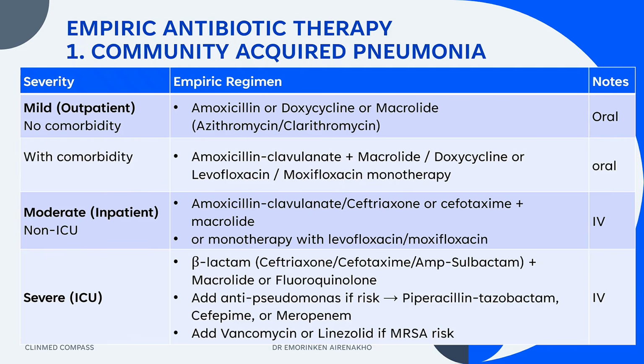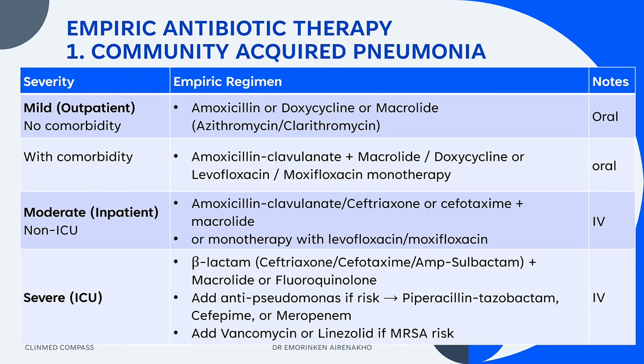For mild cases with comorbidities like COPD, heart failure, CKD, we give beta-lactam like amoxicillin clavulanate plus macrolide or doxycycline. Alternatively, patients can be placed on monotherapy with respiratory fluoroquinolone like levofloxacin or moxifloxacin.